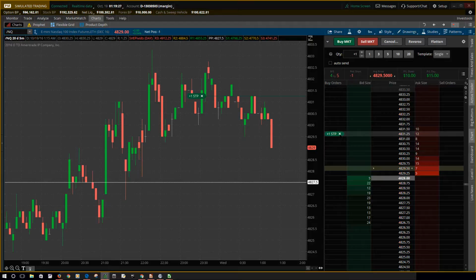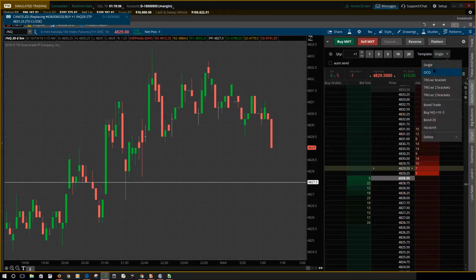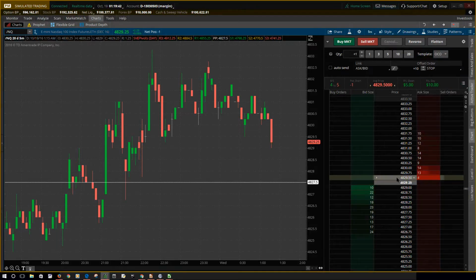I'm going to cancel this order by clicking on the X. Now I go up here to my trade order type, my template type, and select order cancel order. This allows me to place two orders at the same time. I can place a buy stop order, and I can also place a limit order at the same time.